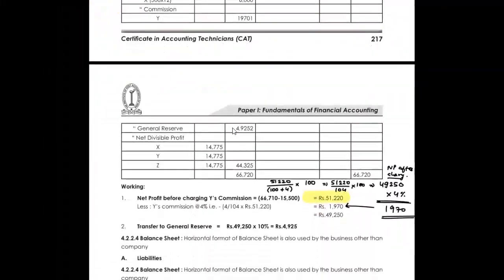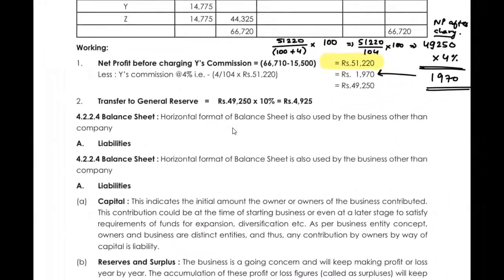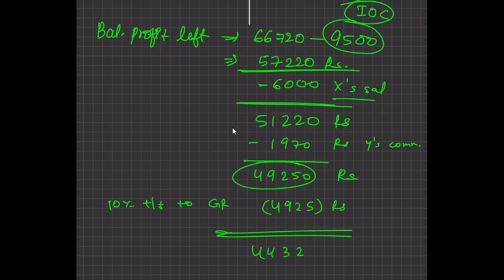So here the general reserve would be, the remaining amount is 49,250, 10% transferred to general reserve. So it would be 4,925 rupees that needs to be transferred to general reserve. So the balance would be 44,325 rupees that is left.